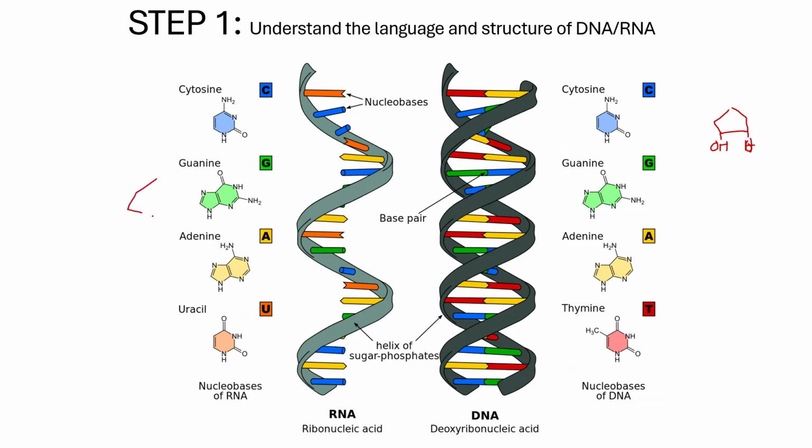Ribose, on the other hand, same thing, pentose sugar, but on the 2 and 3 carbons, we have hydroxide groups, right? And again, we have cytosine, guanine, adenine. And where we differ here is thymine in DNA and uracil in RNA. And uracil being only in RNA is important because this goes back to DNA replication. You can't have uracil in DNA.